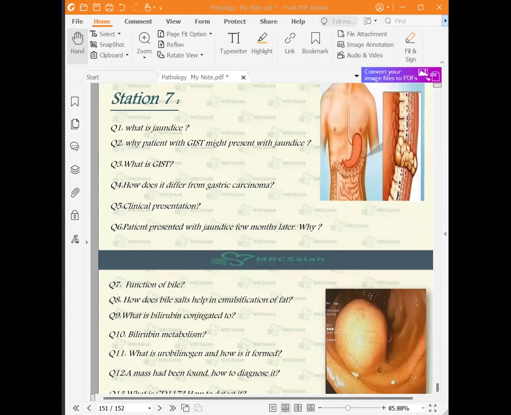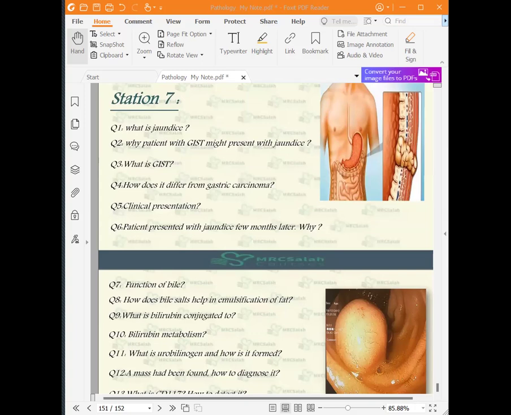Next question, clinical presentation. Symptoms according to location: asymptomatic, abdominal discomfort, nausea and vomiting, weight loss, GI bleeding, jaundice, dysphagia, early satiety.